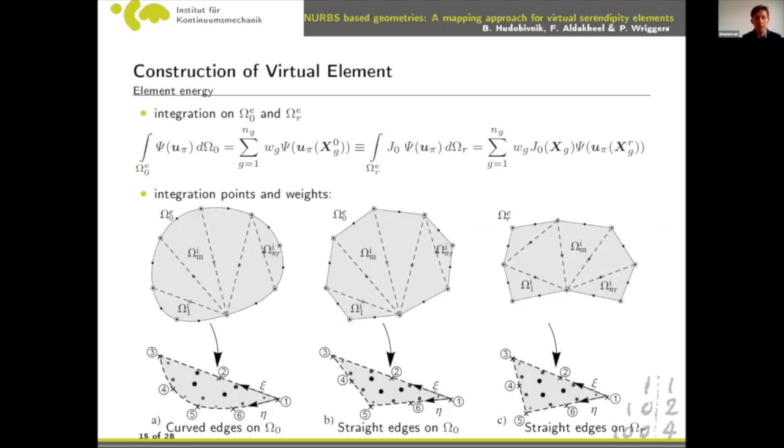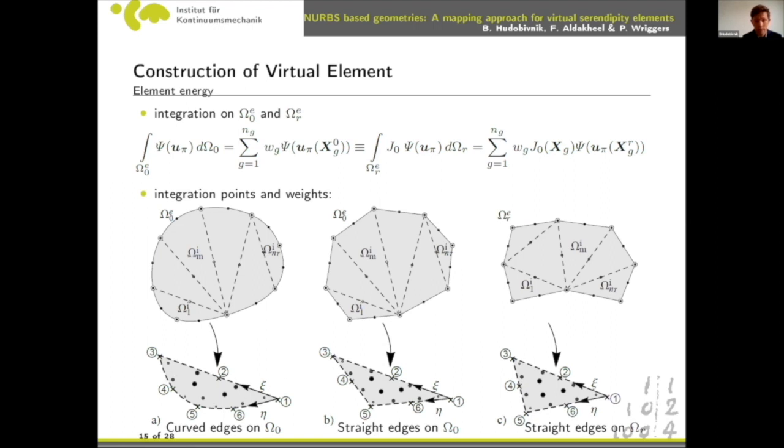Now we have to integrate the energy. Here I have shown three ways how to integrate. We have the standard elements, these are the first two. We can find some Gauss points on the curved geometry, or on the straight edge geometry of the triangle.